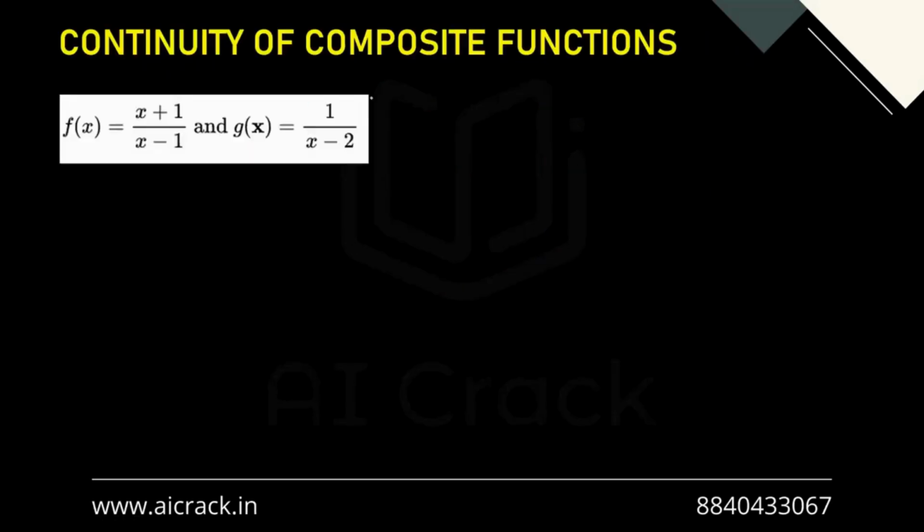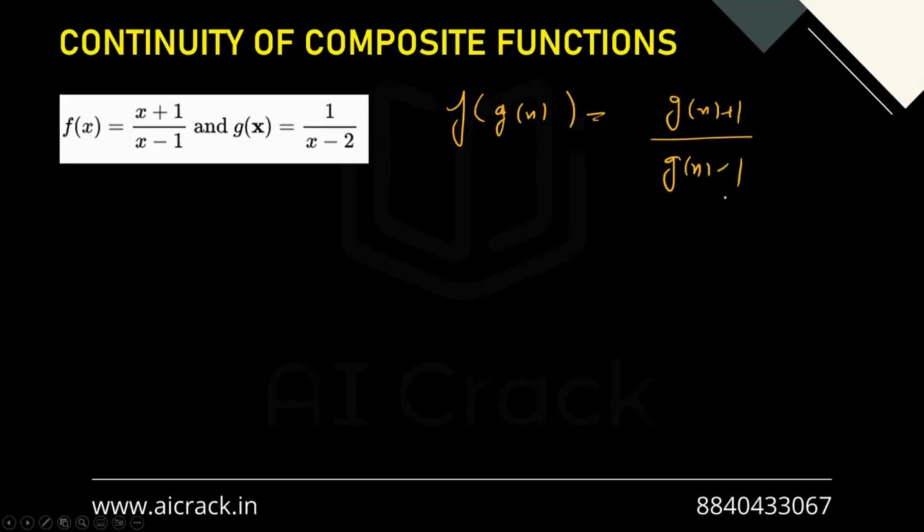And now let's talk about continuity of composite functions, which is the last topic of today's lecture. So we have f(x) equals x plus 1 upon x minus 1 and g(x) equals 1 upon x minus 2. If we talk about f of g(x), we get g(x) plus 1 upon g(x) minus 1. Now, before moving forward, let's understand the continuity of g(x). Why?